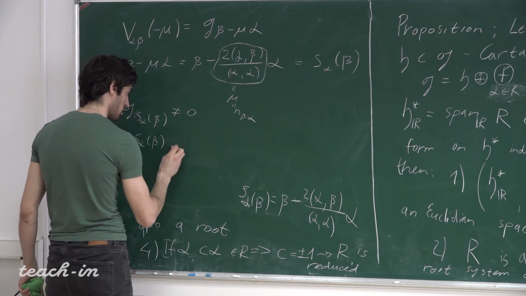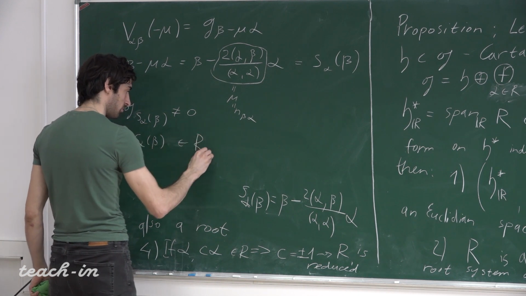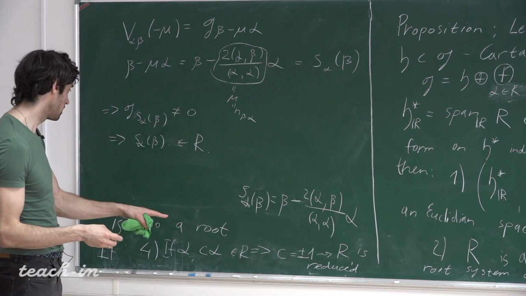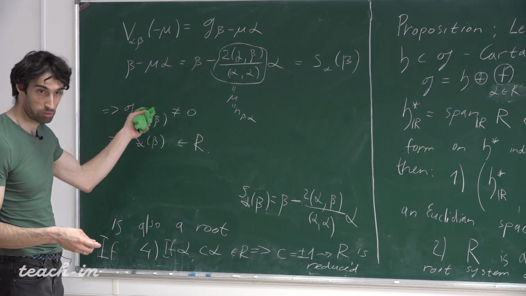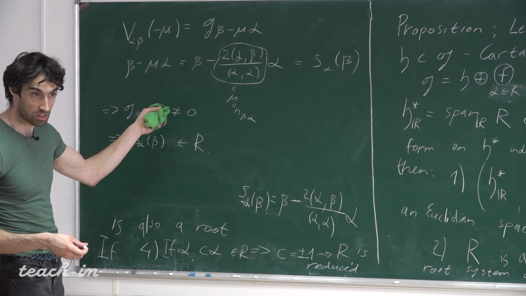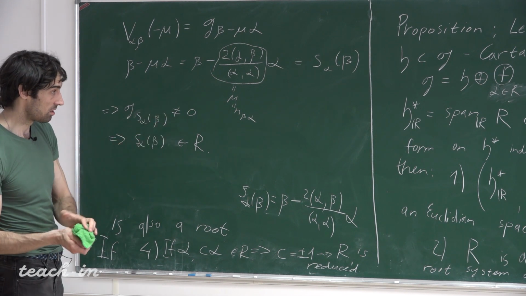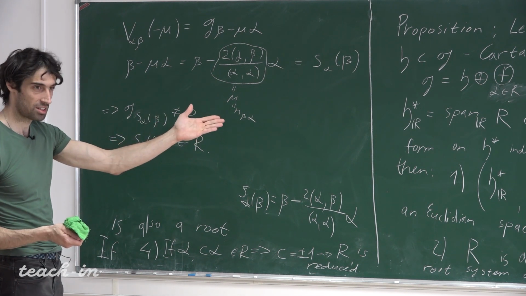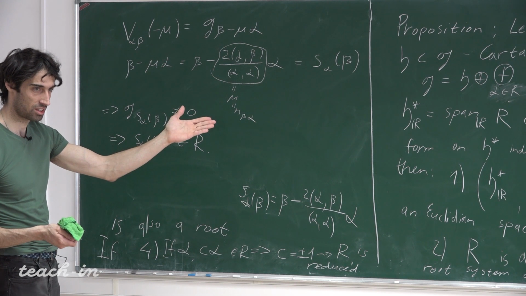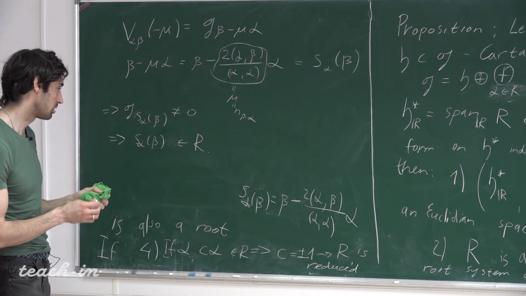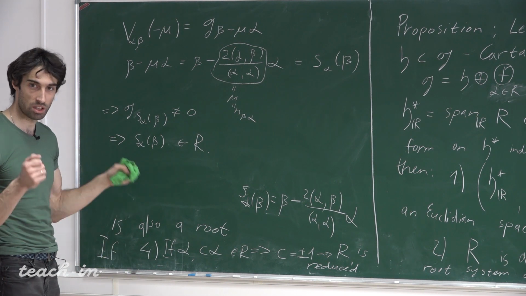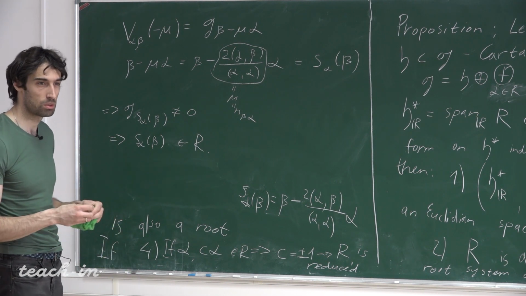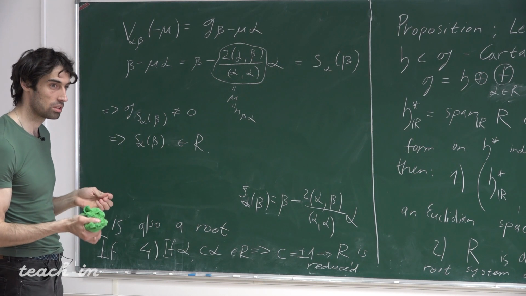Therefore, this is a root. Okay, we proved 3. We proved 2. So 1 follows automatically, because of course R span H star R just by construction. And what we need to check now is that it is a reduced root system. So we proved that it is an abstract root system. Now we need to prove that it is a reduced root system.